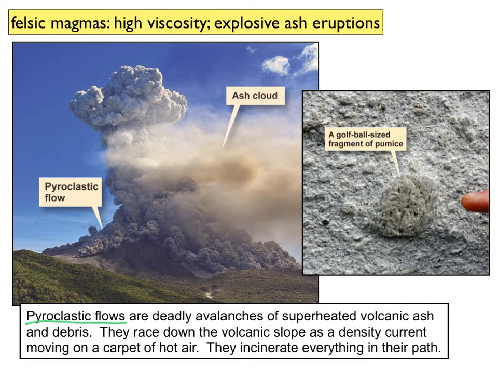Pyroclastic flows are deadly avalanches of superheated volcanic ash and debris. We looked at that very briefly in the last lecture. They race down the volcanic slope as a density current, moving on a carpet of hot air, much like how a snow avalanche works. But of course, these are superheated because they're volcanic, and they incinerate everything in their path.